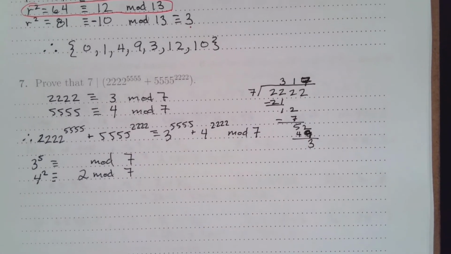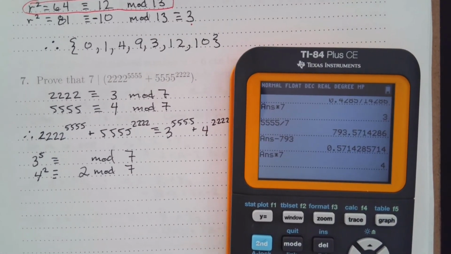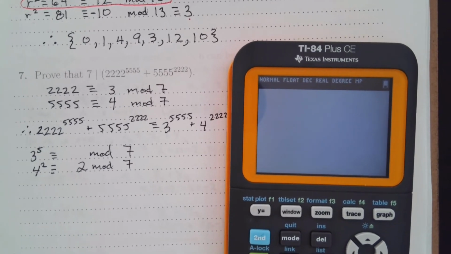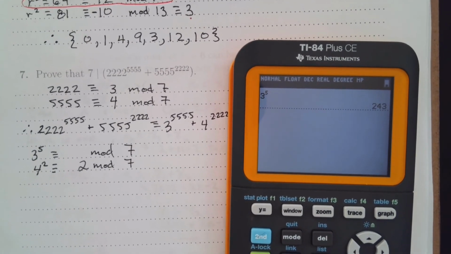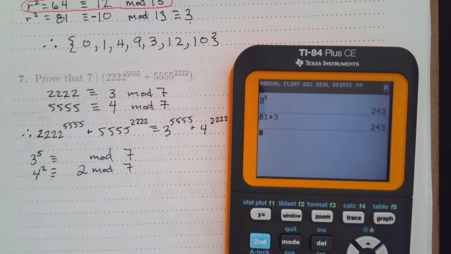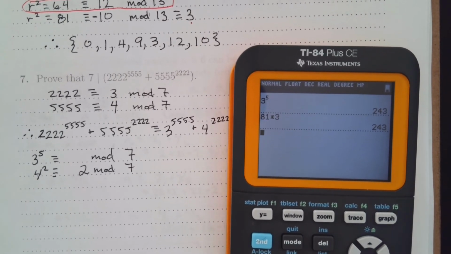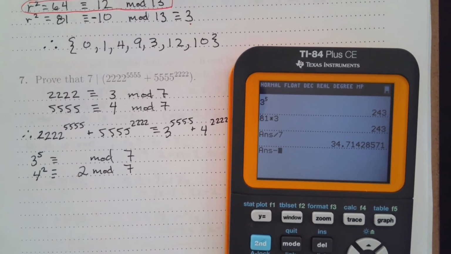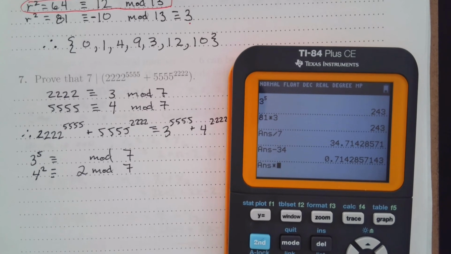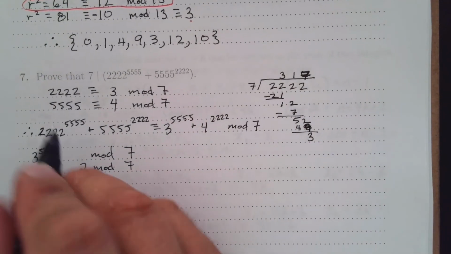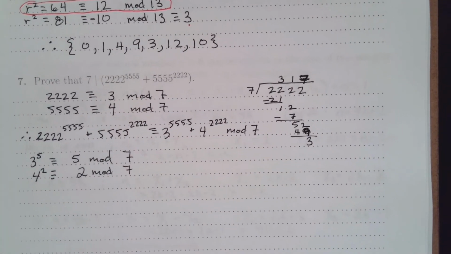And 3 to the 5th, if you're not sure, is 81 times 3, that's 243. On division by 7, we have that as a decimal. If we focus just on the decimal, multiply by 7, that gives us a remainder of 5.